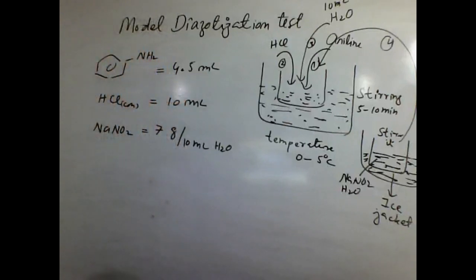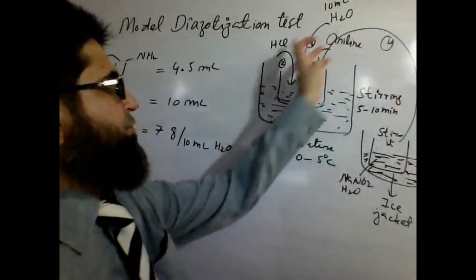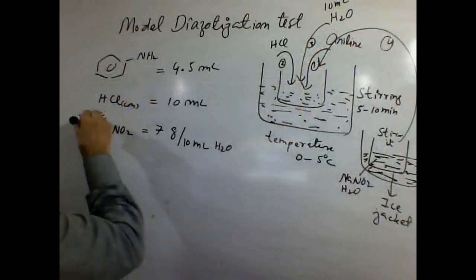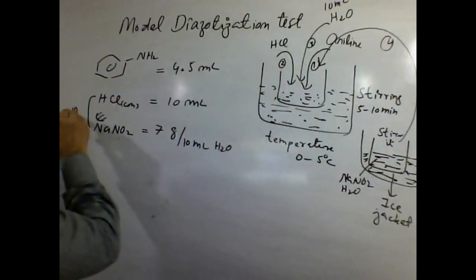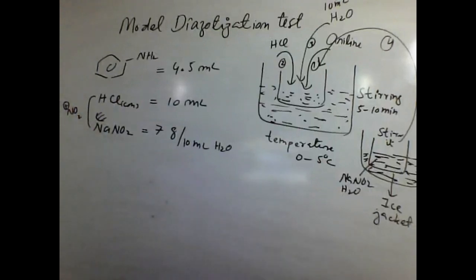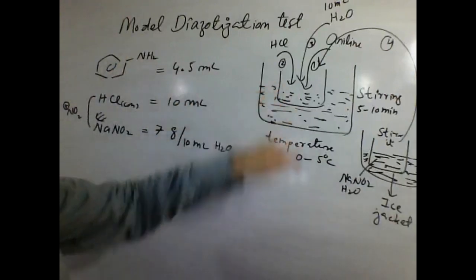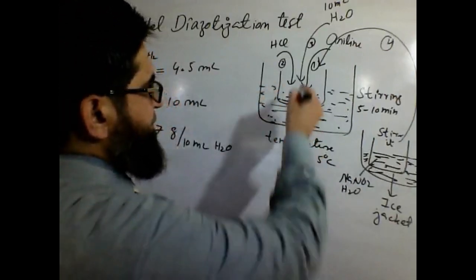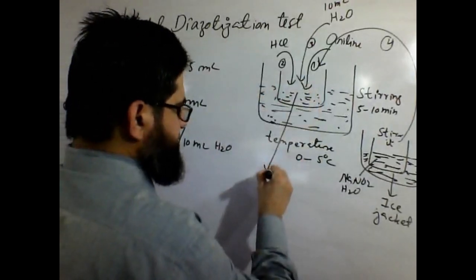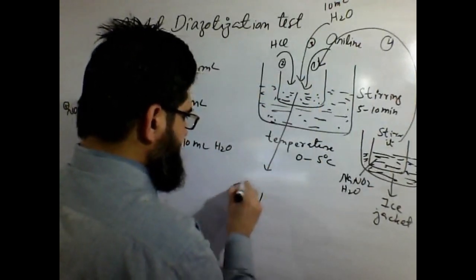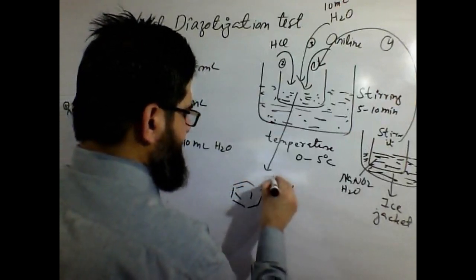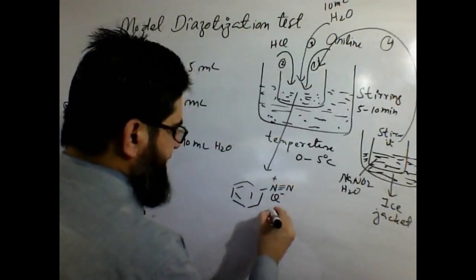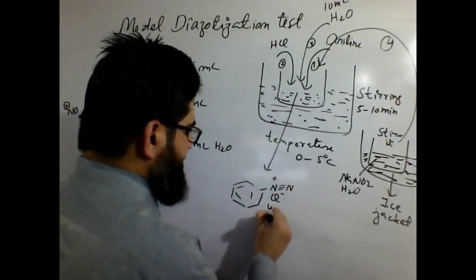So as soon as we introduce NaNO2, it reacts with HCl and in situ generates NO2 positive, which goes further to react with amines, and subsequently diazotization happens inside the beaker. We see the formation of diazonium salt in the beaker when its color turns yellowish brown.